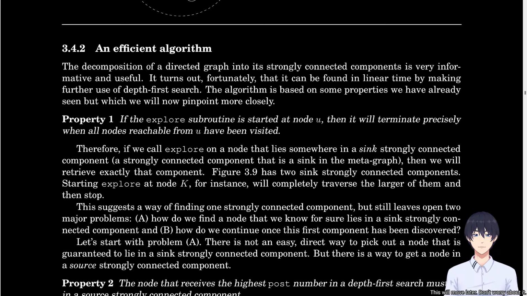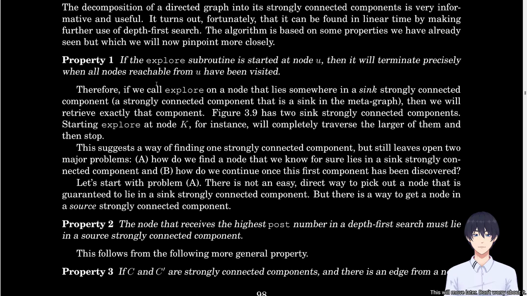The algorithm is based on some properties we have already seen, but which we will now pinpoint more closely. 1. If the explore subroutine is started at node U, then it will terminate precisely when all nodes reachable from U have been visited. Okay.